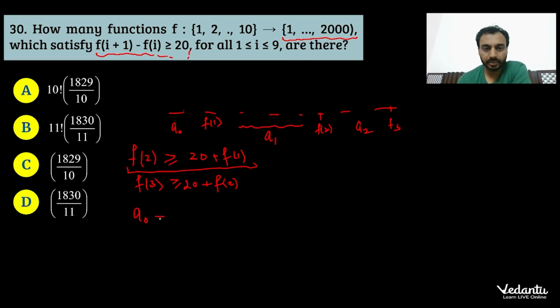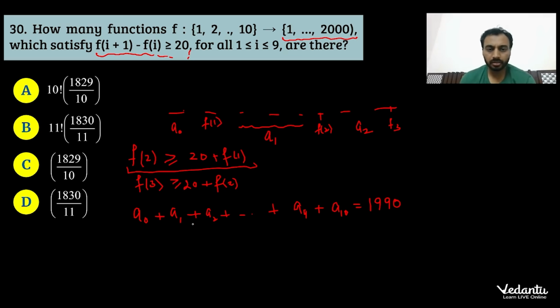So a0 plus a1, a2, and so on, between f9 and f10 is a9, and after f10 it is a10. So how many numbers are these? As we have selected 10 numbers from 2000, these are 1990 numbers, right?